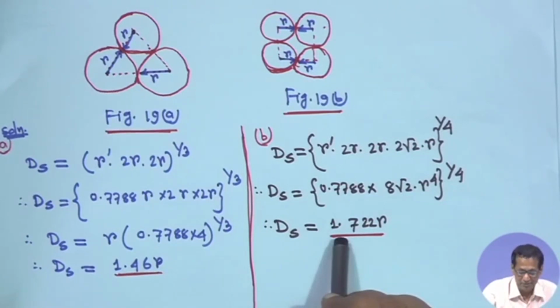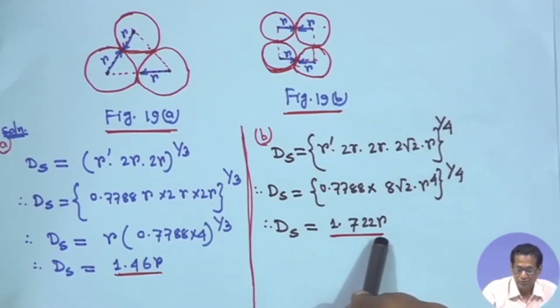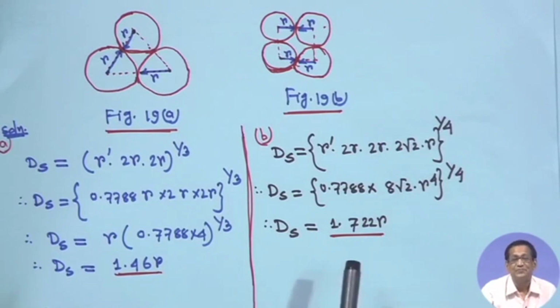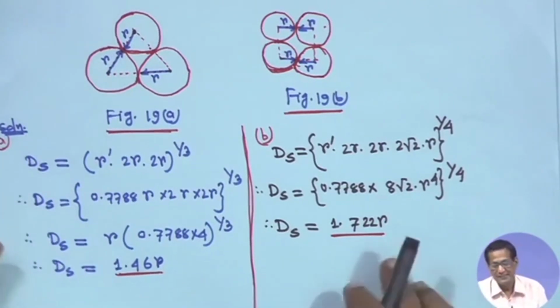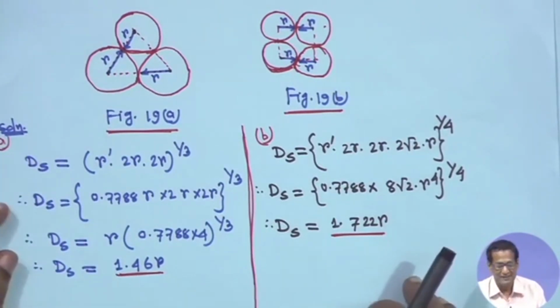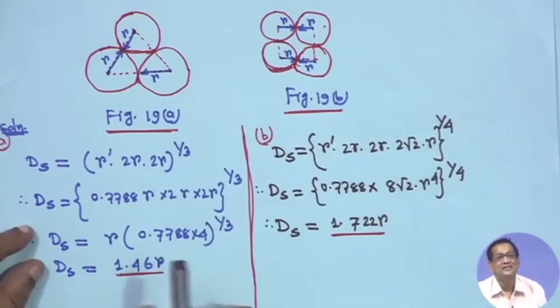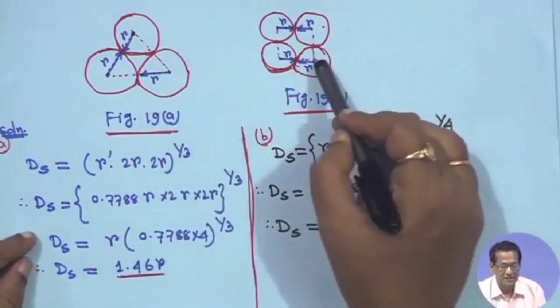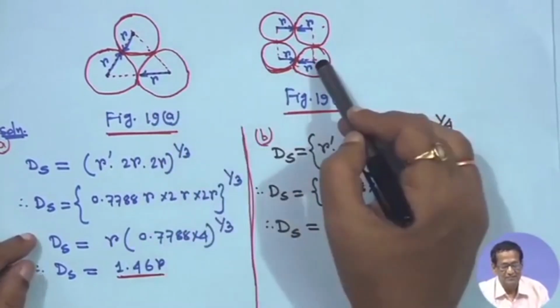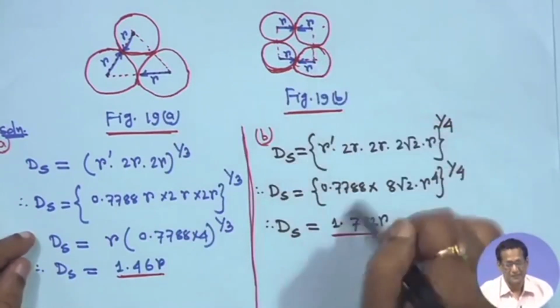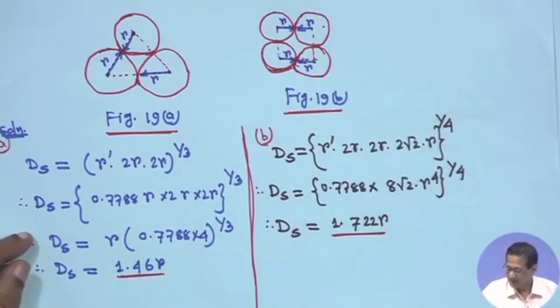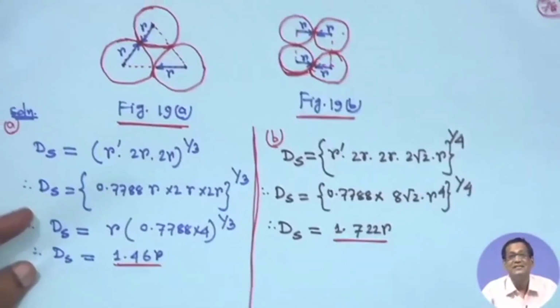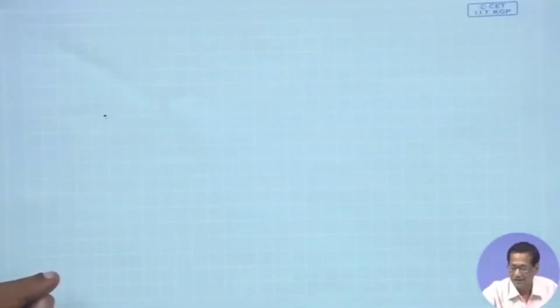Therefore, Ds is equal to 1.722 r, right. So, this is the answer, the geometric mean radius if it is the 3-strand configuration, and if the configuration is like this, right. So, next we will take another example, and after that we will go to the next chapter, next topic.